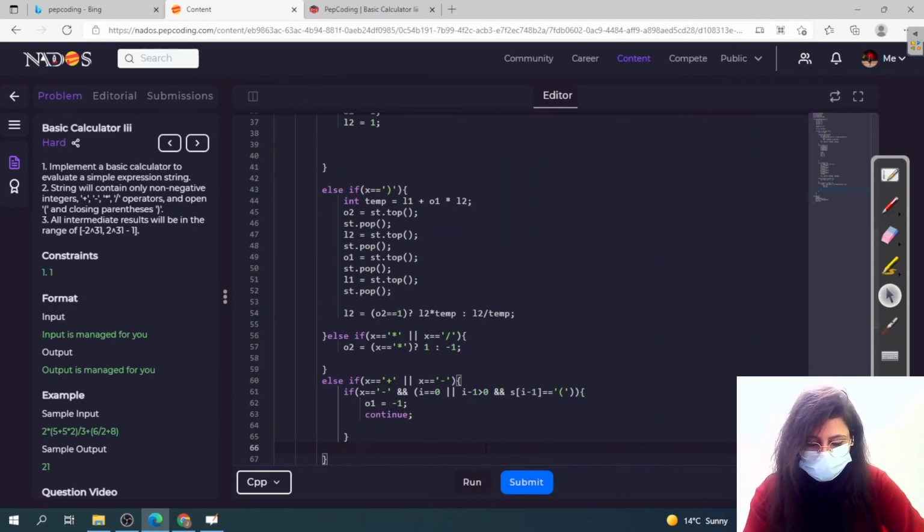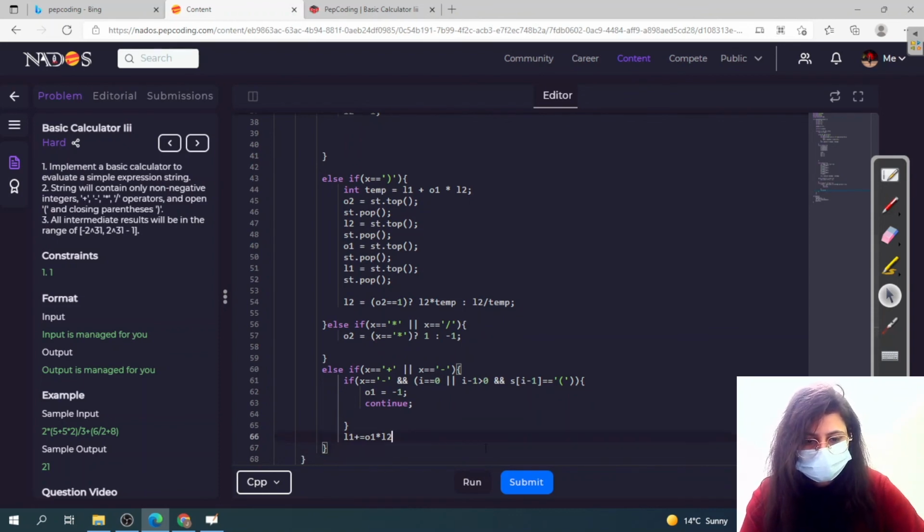Okay, else, coming out of the loop, we'll update L1, which will be equal to O1 into L2. Next, O1 will be equal to, if x equals the plus operator, then it would be 1, else minus 1.